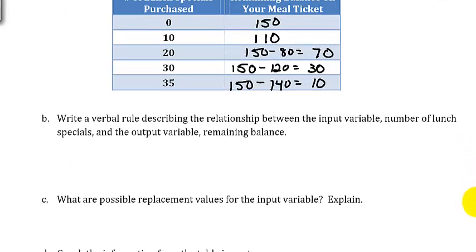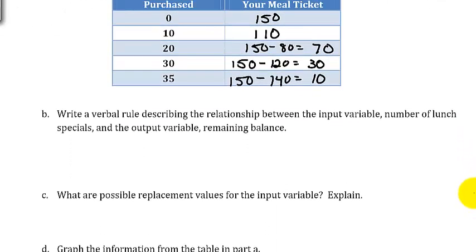Write a verbal rule that describes the relationship between the input variable, the number of lunch specials, and the output variable remaining, which is the remaining balance. So what we'd have to do is first we need to multiply, figure out how much we've used, and so that's taking the number of meal tickets and multiplying it by the cost of each meal, $4.